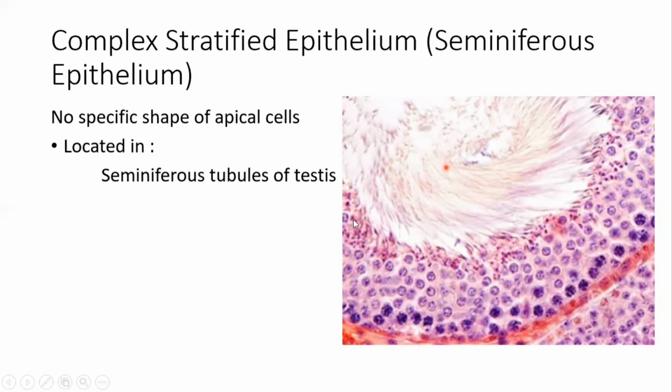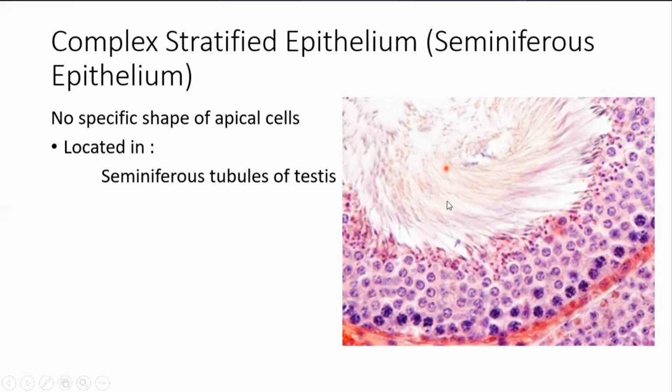But if you look at the cells at the apical surface, they don't have a specific shape. So these are called complex stratified epithelium, and they're very, very unique to the seminiferous tubules of the testes. So that's why they're also called the seminiferous epithelium.